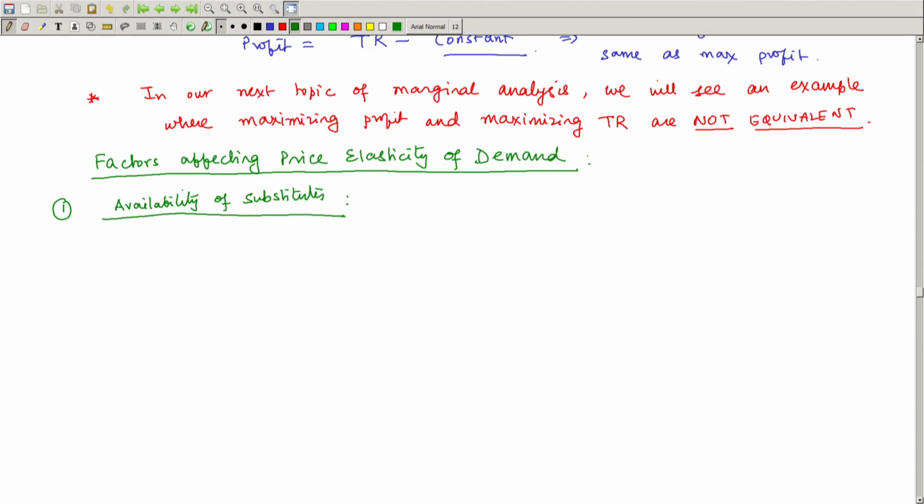So, if I am thinking of, let us say, this pen, if there are more substitutes available for this pen, then think of what happens. If the firm which is manufacturing this pen has raised its price, then as a consumer, I will switch from buying this pen towards some other substitutes. If there are many alternatives available for me, then I am not tied to this particular pen.